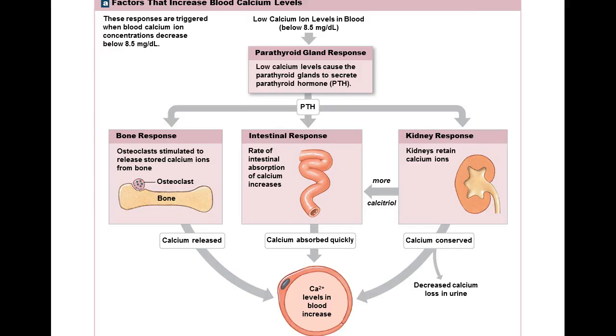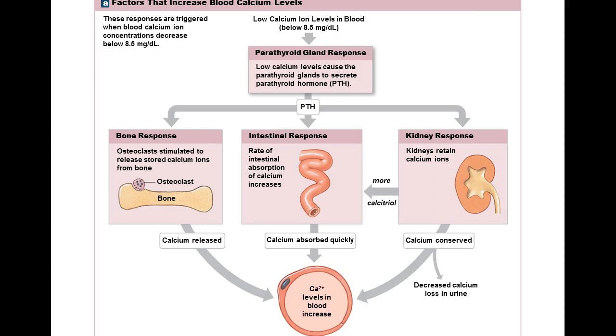And then let's look at this chart that we have. These charts come from your book. So we're looking to increase blood calcium levels. This would be a negative feedback where you have receptors in the brain that respond to the hormonal system that look at blood calcium levels.